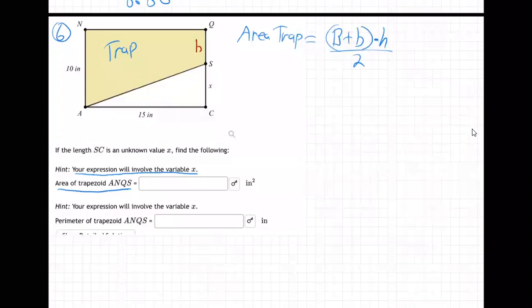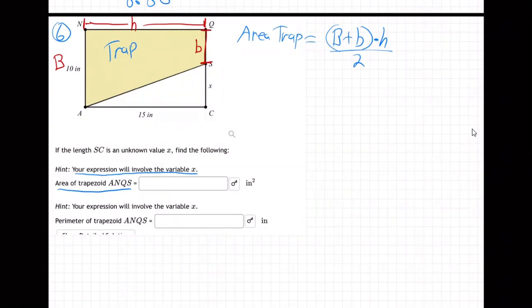This is one of the bases, this is the other base, and this is the height right here. So this is the base right here. So there's the base, and then of course here's the big base over there.